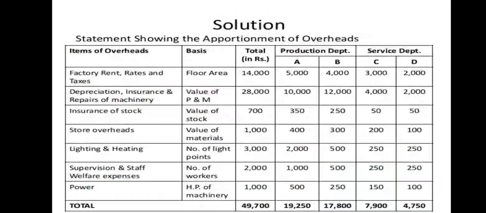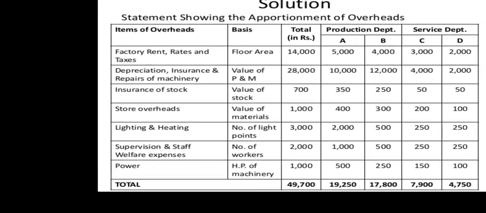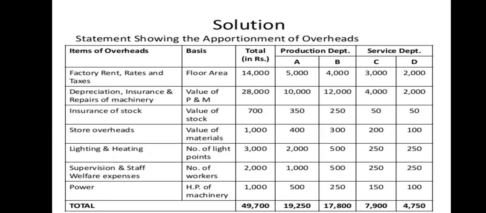Store overheads based on the material used. Lighting and heating, lighting points. Supervision and staff welfare expenses based on the number of workers employed. Power, horsepower of machine. So if you total it, this is the solution. Okay students, so I hope you have understood, and try to concentrate on the apportionments. Okay.